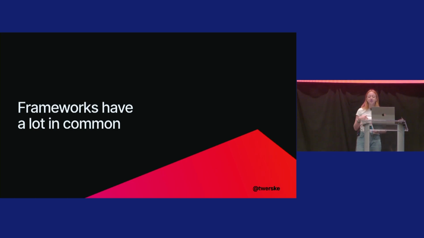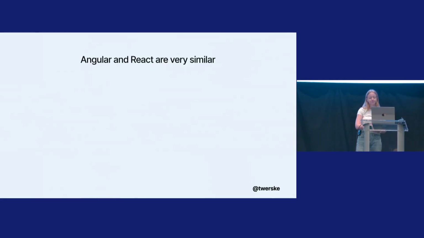But under the hood, the mechanisms that run all of the frameworks that you use in your daily life are surprisingly similar. And in fact, the two most widely adopted, Angular and React, are extremely similar. At their core, both frameworks evolved from this idea of model-driven UIs.